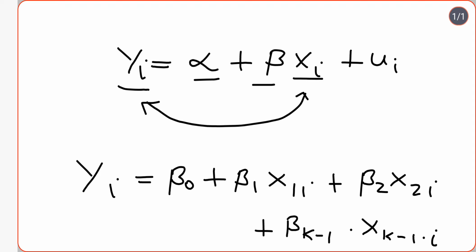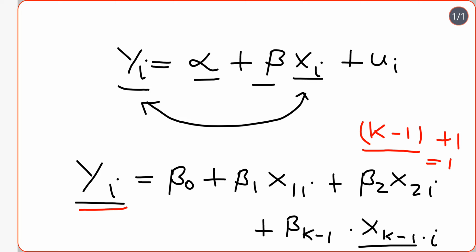So basically there are total k minus 1 independent variables, and in the model there is a dependent variable also, yi. So there are total k number of variables in the model, and this is basically a k-variable model.